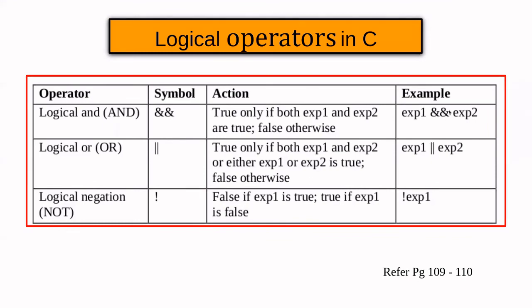Logical AND, these two ampersand signs, indicates expression 1 and 2 both should be met. Expression 1 or expression 2: either expression 1 is true or expression 2 is true, it will execute. Logical negation, that is not: if the expression is false, it will execute.